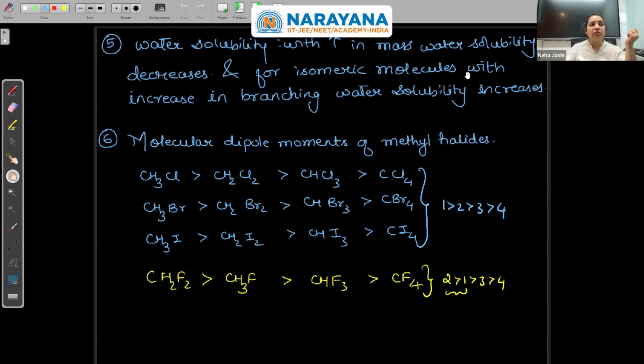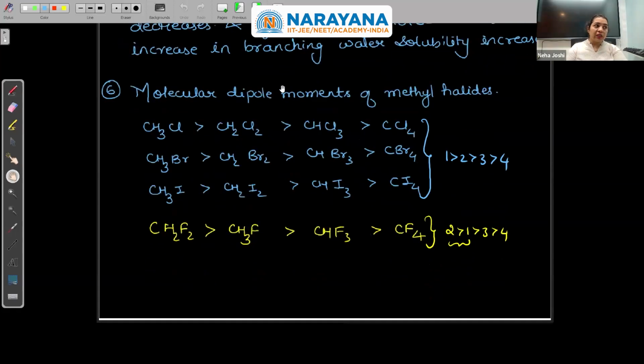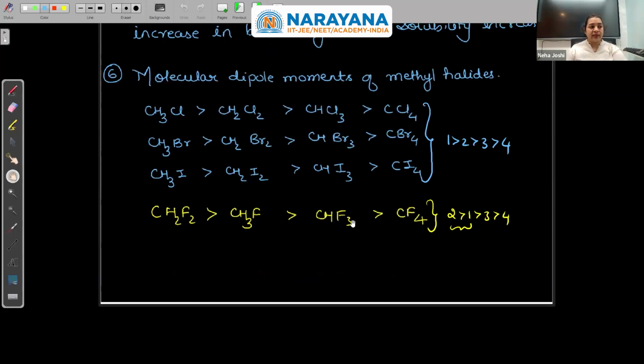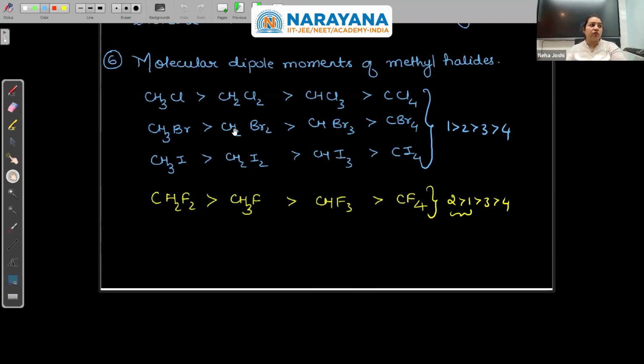For isomeric molecules, with increase in branching, water solubility will increase. Coming to molecular dipole moment of methyl halides, I do remember that this question for halogens is given twice in your entire NCERT, once in chemical bonding and then again in alkyl halides.